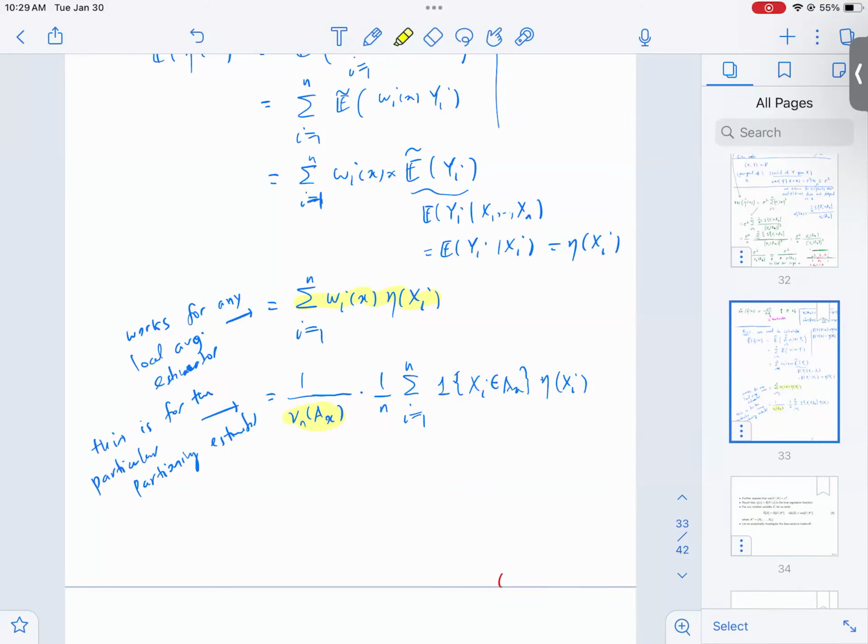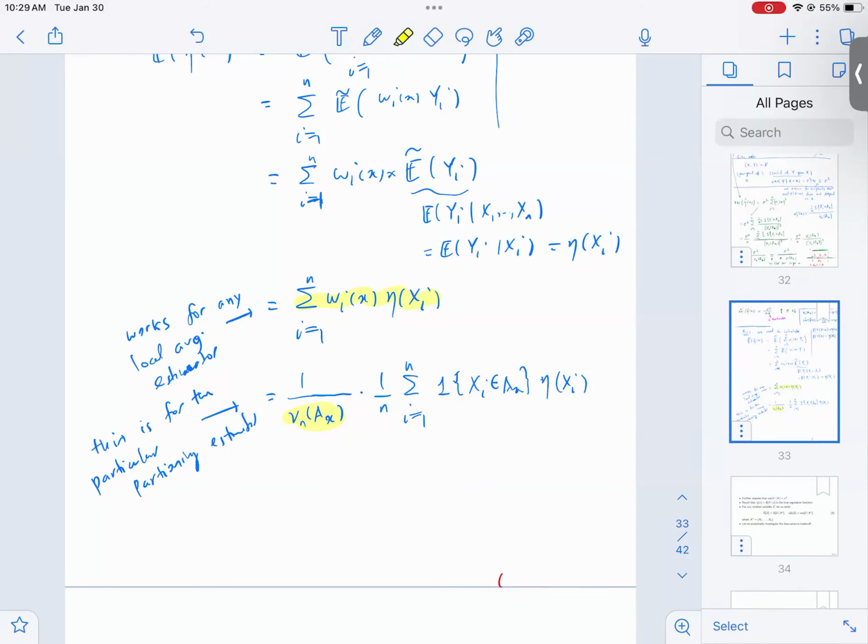What happens to this as n goes to infinity? It's 1 over n summation of a bunch of things.